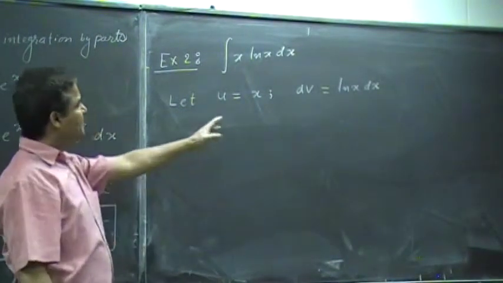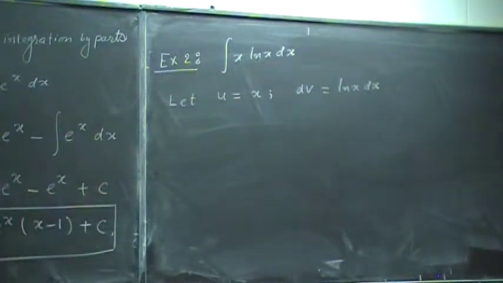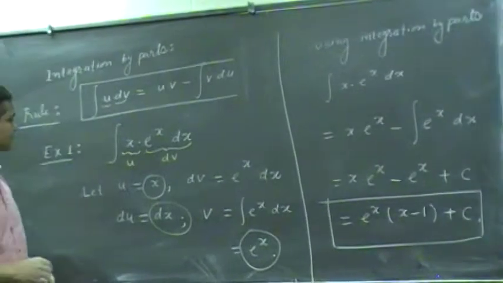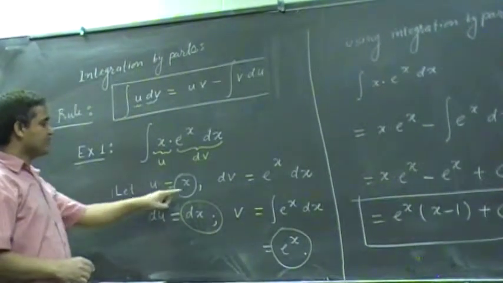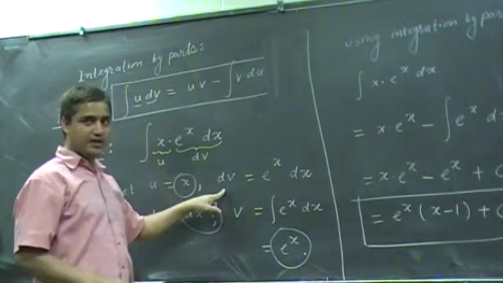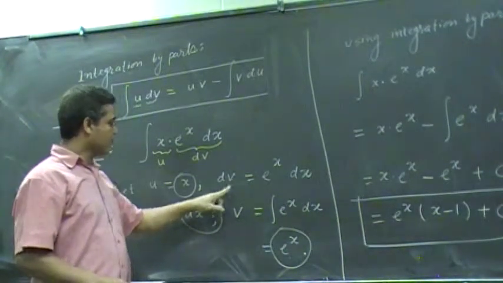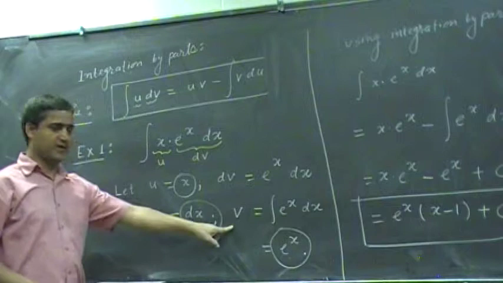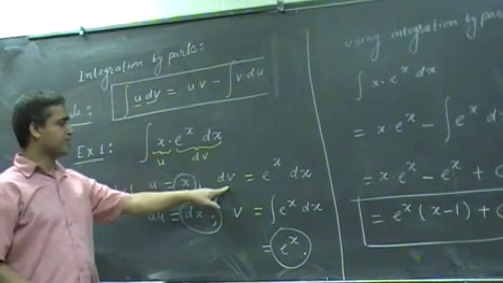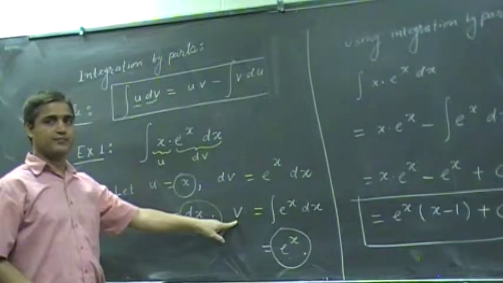Before starting this problem, let me go back and remind you of something. We assume some function as u, and the rest of the stuff is dv. We assumed u and calculated du. We assumed dv and calculated v.